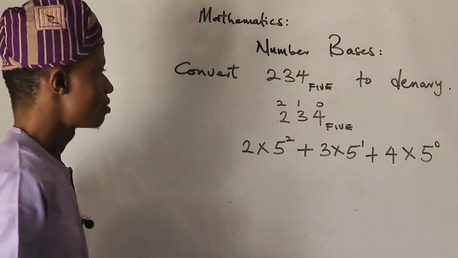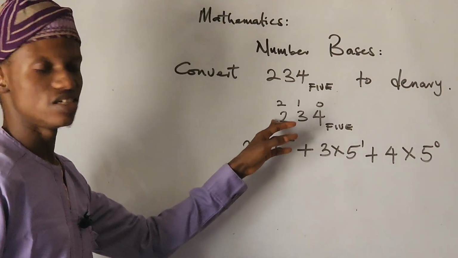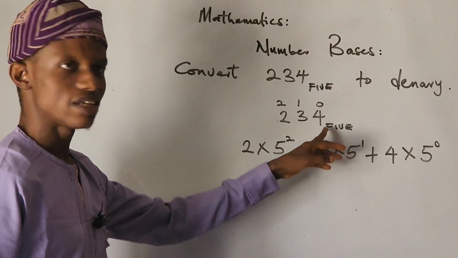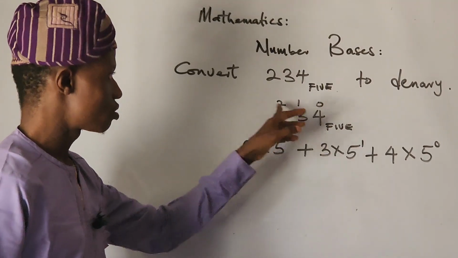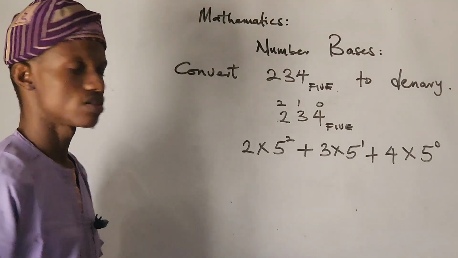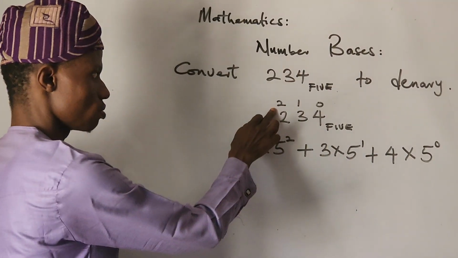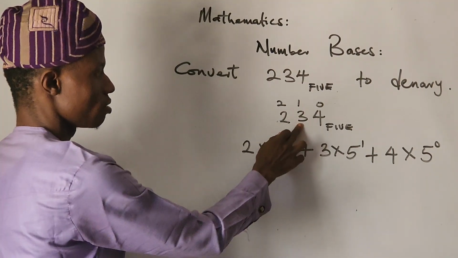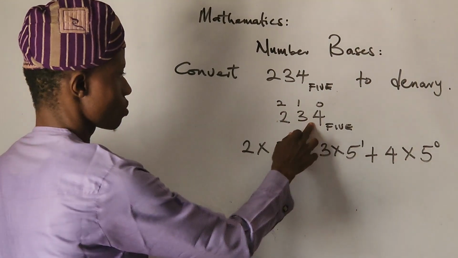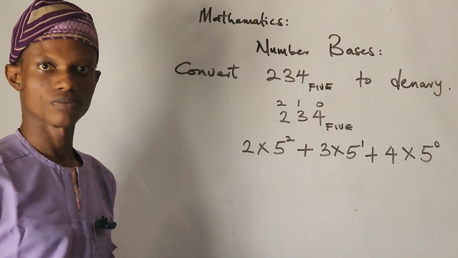I'll take that again. You expand by multiplying each digit by the base and ensure that the base is raised to the power on top of the digit. And there we have it. 2 multiplied by 5 raised to power 2 plus 3 multiplied by 5 raised to power 1 plus 4 multiplied by 5 raised to power 0.